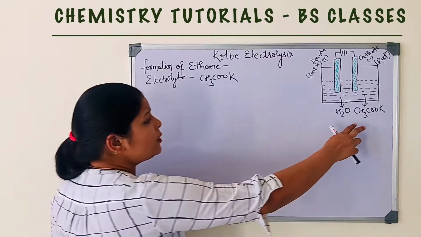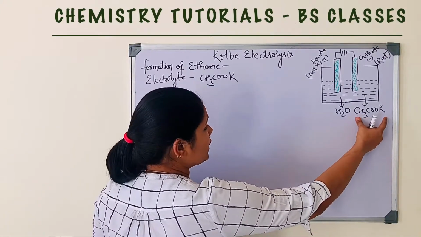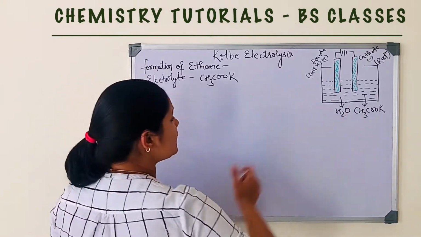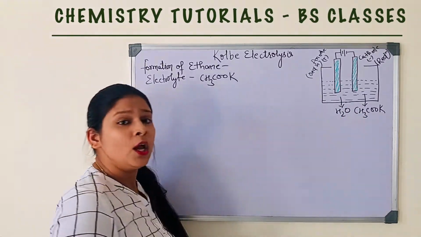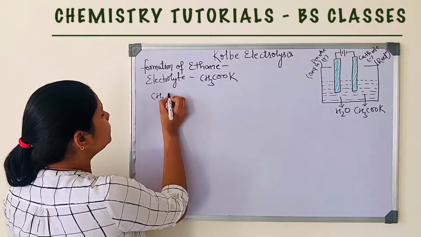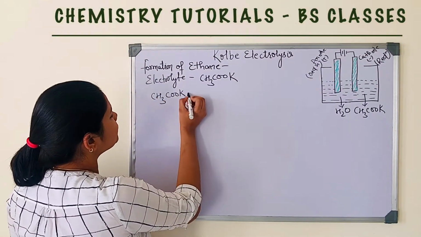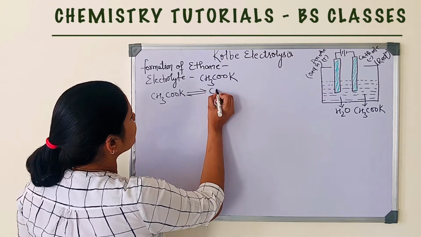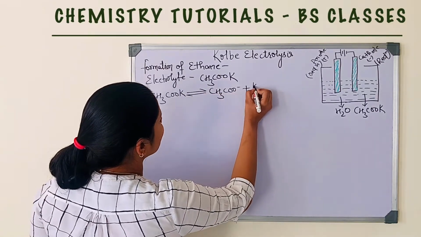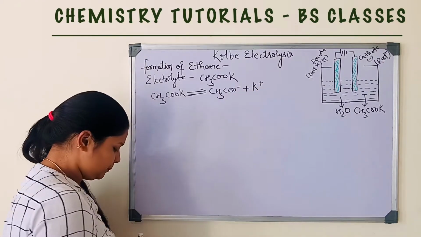Potassium acetate will ionize into acetate ion and potassium ion.